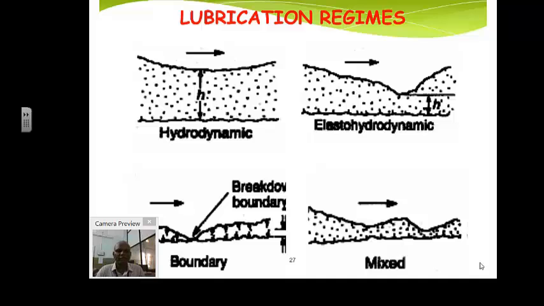So there is a schematic of the lubrication regimes where one can see the film thickness is considerable in the case of hydrodynamic lubrication, whereas in the case of boundary lubrication the film thickness is of the order of few nanometers, of the order of few molecular sizes.